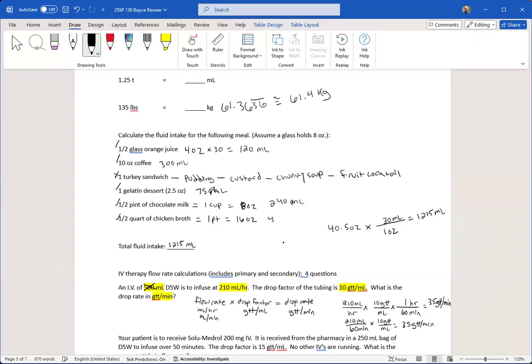And then 480. And then the alternative way is you could add up all the milliliters as well. So you can either add up all the ounces, multiply by 30, or add up all the milliliters, and then you should get to the same answer.